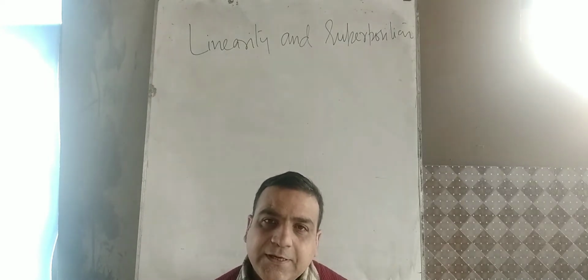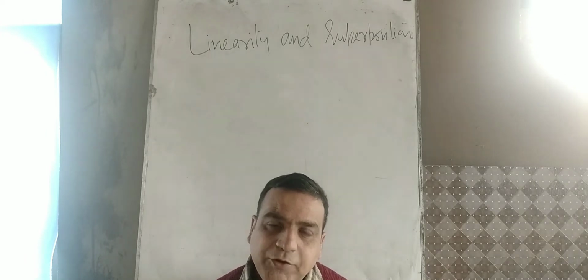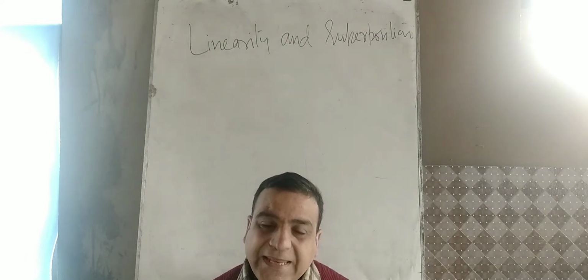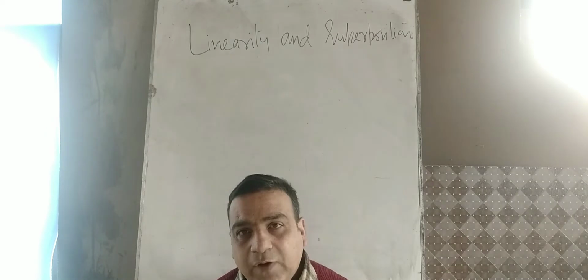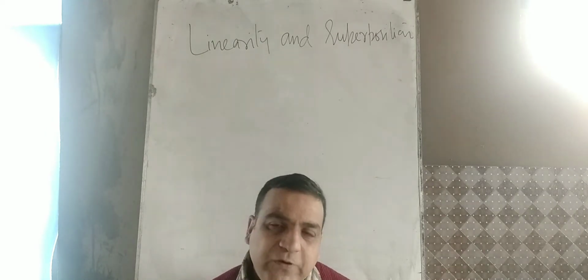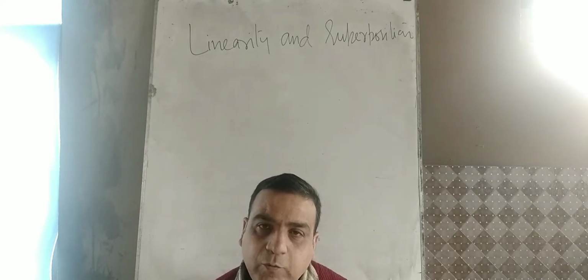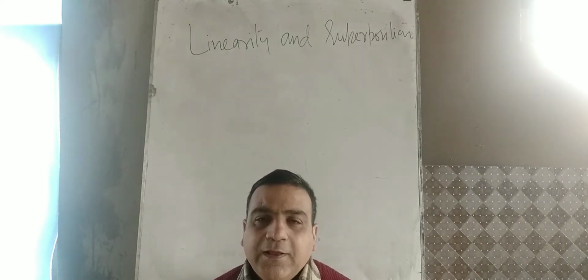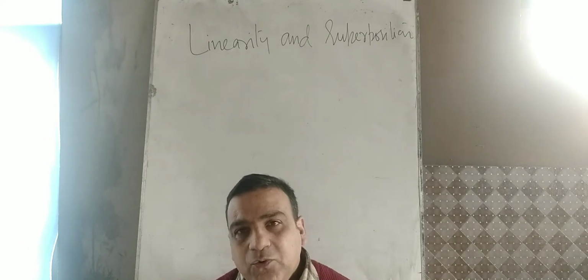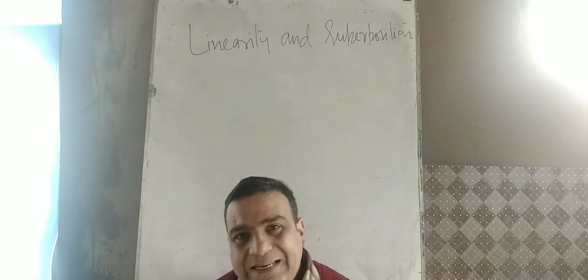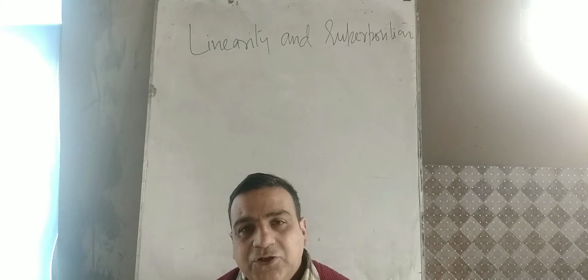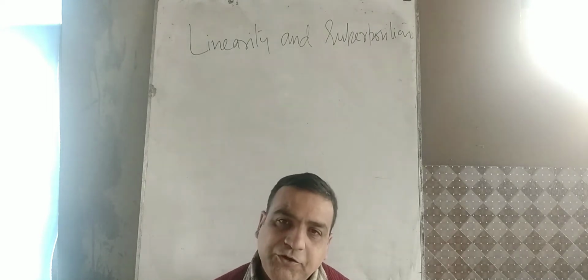That means every term that we have in Schrodinger's wave equation is associated with the wave function psi. That means if we come up with two solutions of a Schrodinger wave equation, the combination of these two solutions can also lead to a solution of the Schrodinger wave equation.